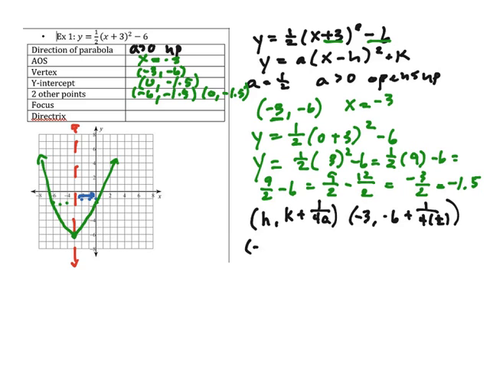So that's -3, comma, -6 plus 1/2. So that's -3, comma, negative 5.5. That's our focus.